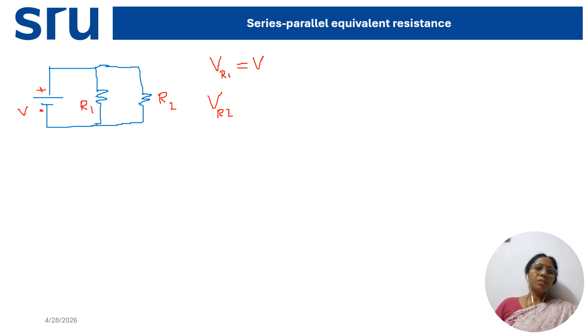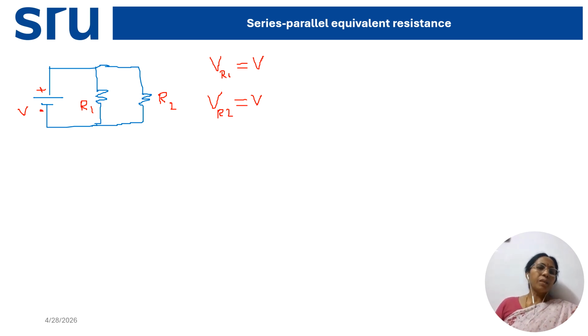So the voltage across R2 is also the source voltage V. This means when elements are connected in parallel, the voltage across all the elements in a parallel circuit is the same. The same voltage will exist across parallel elements.